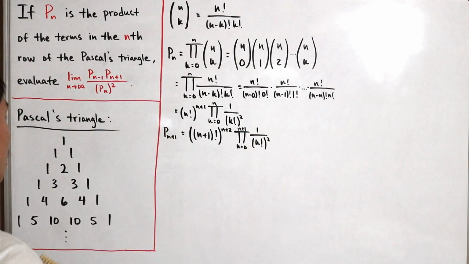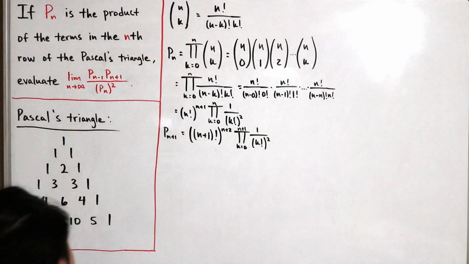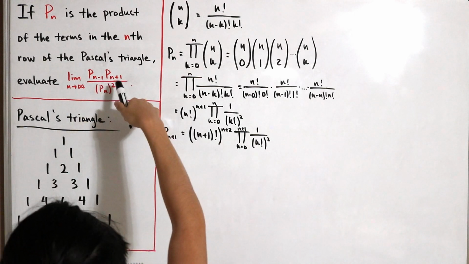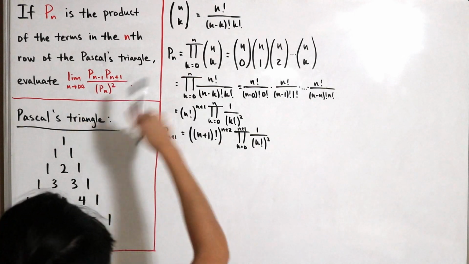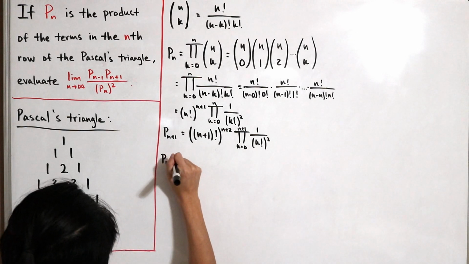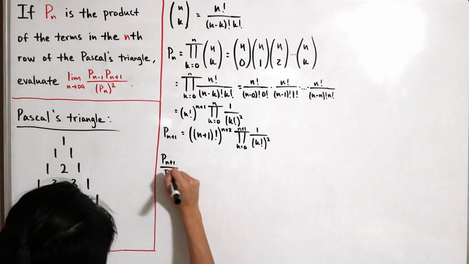So now we have our pieces. Let's perform a little division and then use some algebra to solve. Given p sub n minus 1, p sub n plus 1, and p sub n squared, let's start small and simplify p sub n plus 1 divided by p sub n.